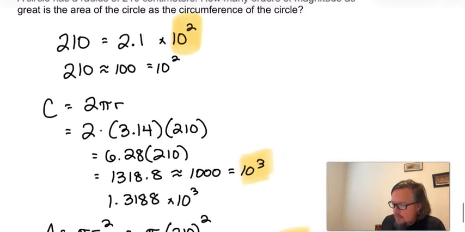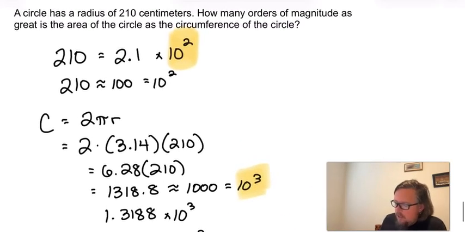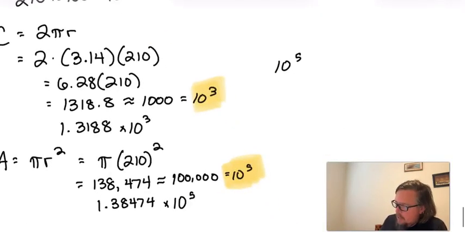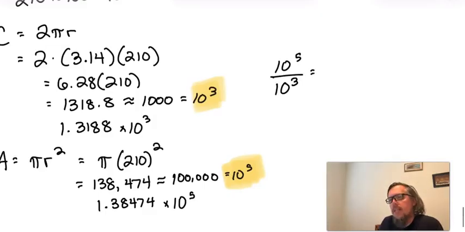And the question was, how many orders of magnitude as great is the area than the circumference? So the area is 10 to the fifth. The circumference is 10 to the third. And my exponent rules say 10 to the fifth divided by 10 to the third is 10 squared.